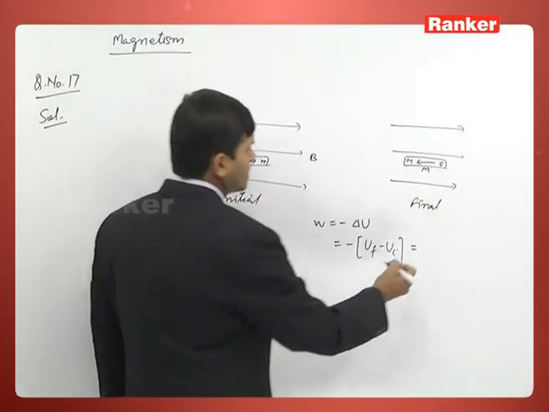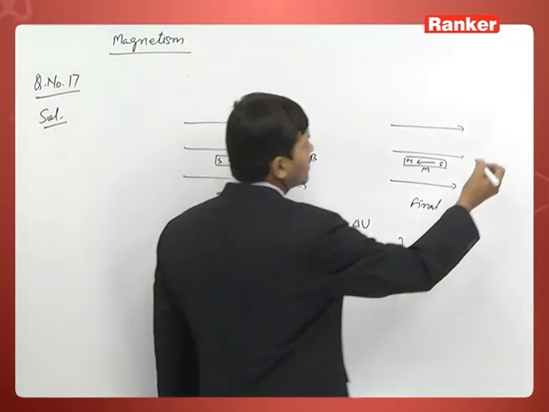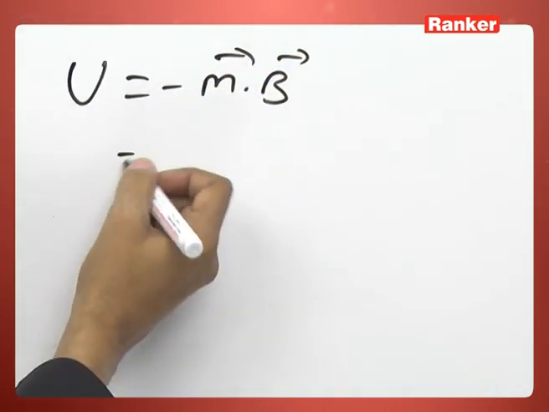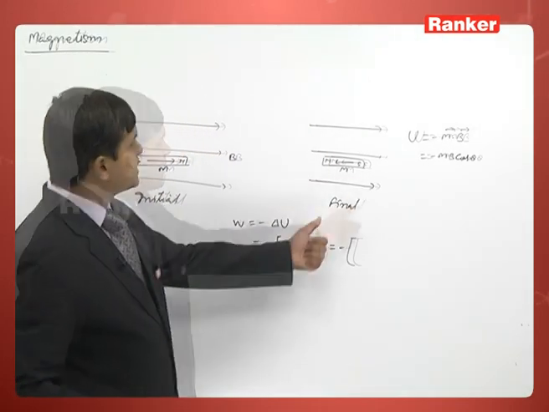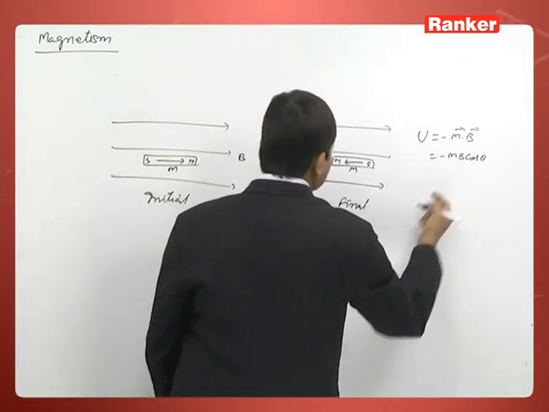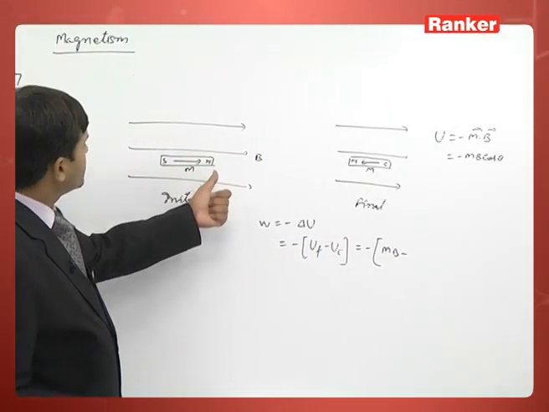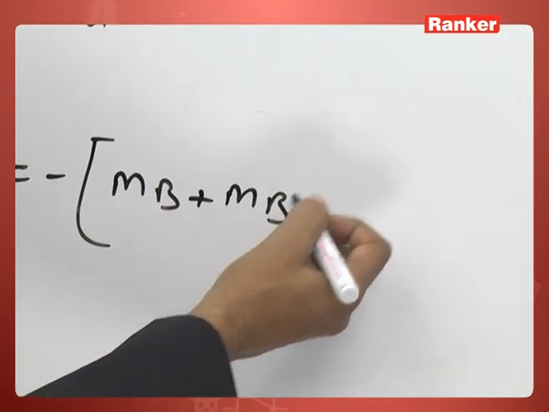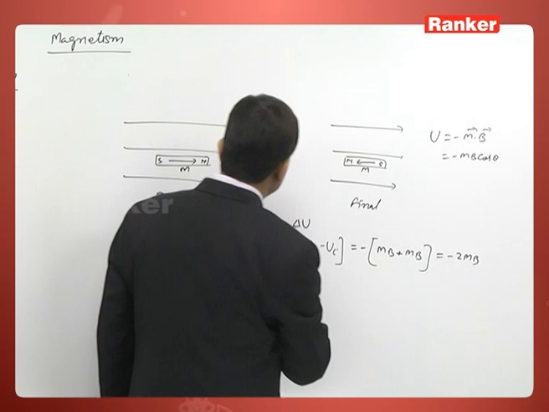U is minus M dot B, or minus MB cos theta. In the final position, the magnetic field and magnetic moment make an angle of 180, so U final is MB, minus the initial theta 0, so the minus becomes plus MB. The total work done is 2MB, which is given as W.